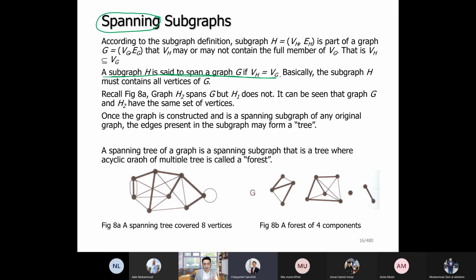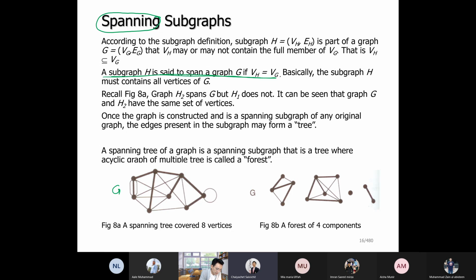We can build a tree among these 8 nodes, as the bold lines there. The bold lines are the subgraph of the original graph G. Let's say the graph G contains both bold lines and light lines, but we select the bold lines to be our subgraph. This subgraph covers every node in the original graph, so we call this a spanning subgraph.